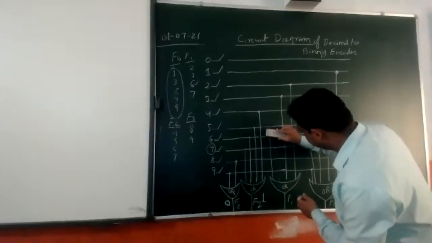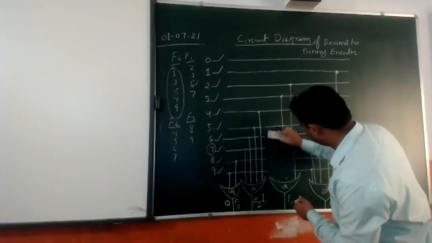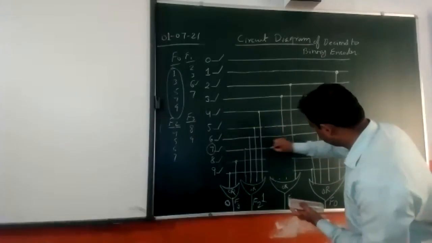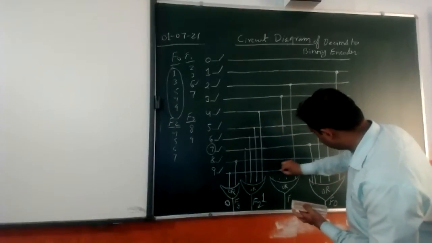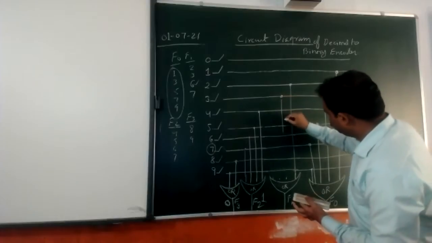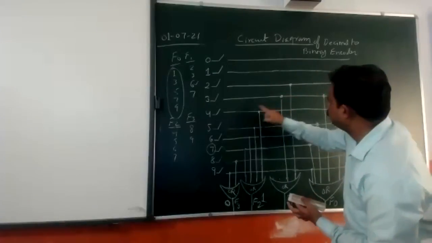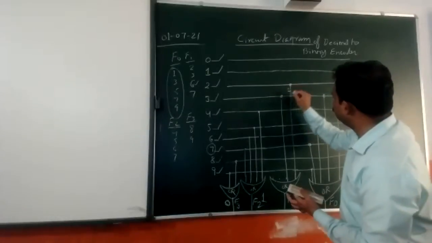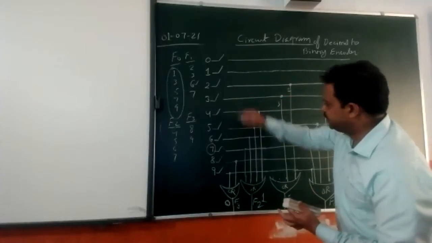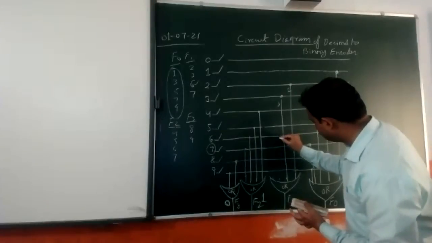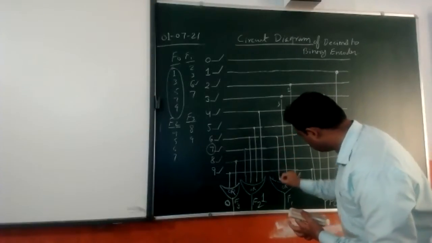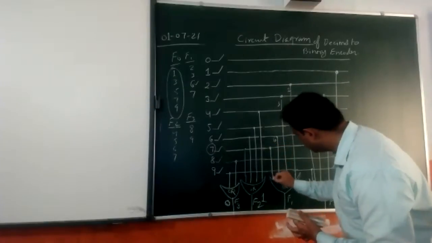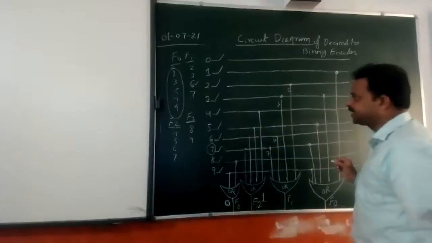Let us make 2, 3. This is your 2. This is your 3. 6, 7. This is your 6. This is your 7. Make the correction.